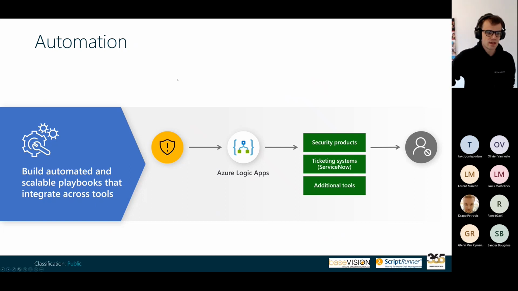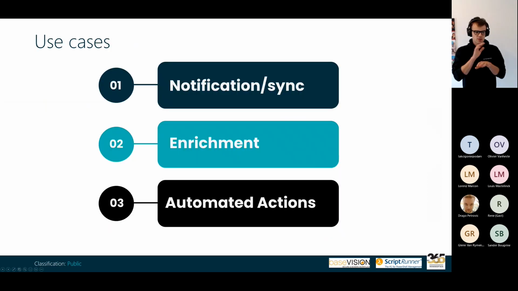Now, why would we care or use automation in the first place? Well, there are a few different scenarios and use cases I see which are applicable to every organization. At first, we have notification and synchronization, and this is really simple.